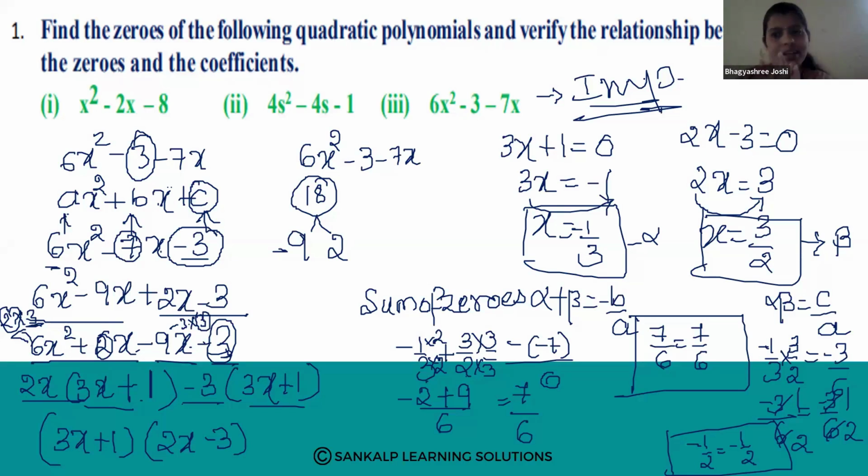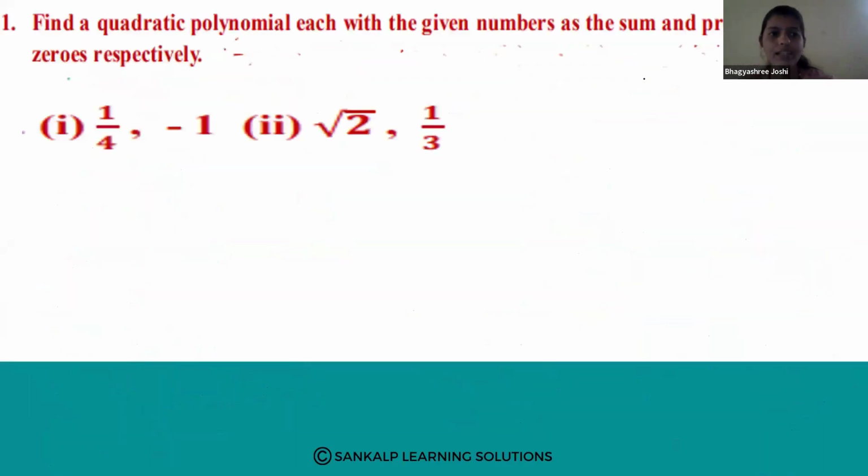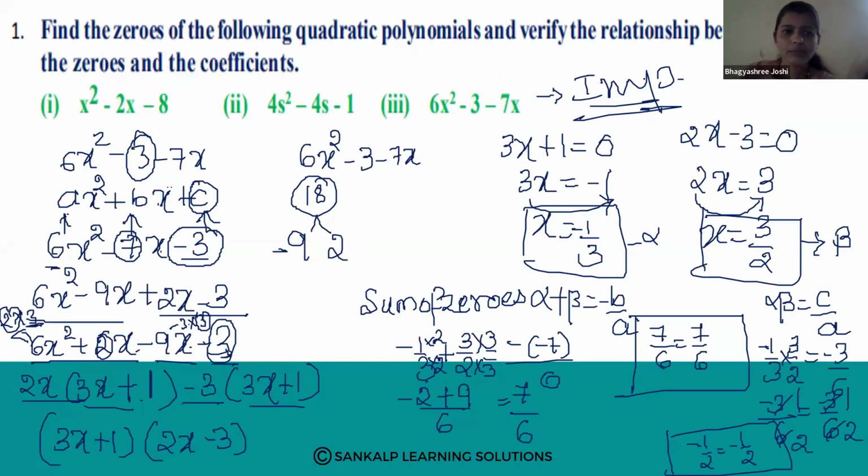So, I hope this concept is clear to you. Yes or no? Yes. Yes, very good students. Okay. Tomorrow we will continue with the next. Another thing. Here they have given a quadratic expression, meaning a quadratic polynomial.